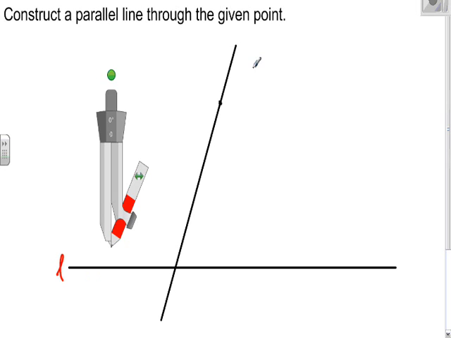The reason for that is that's going to serve as our transversal, and all we need to do is construct a corresponding angle to be congruent to this angle down here. Or we could do this obtuse angle. It doesn't matter which angle we do, just pick one and construct the corresponding angle.